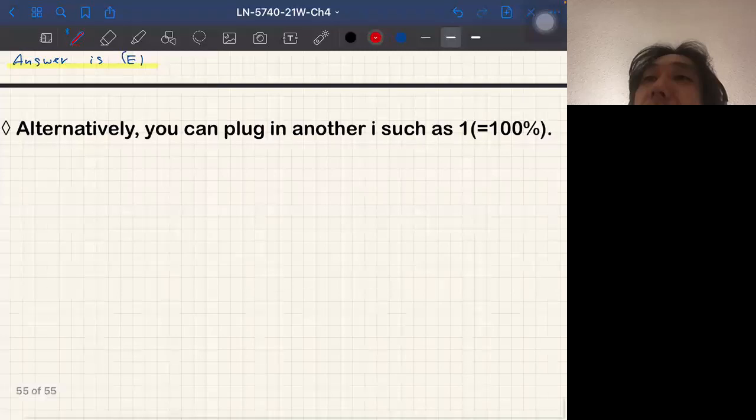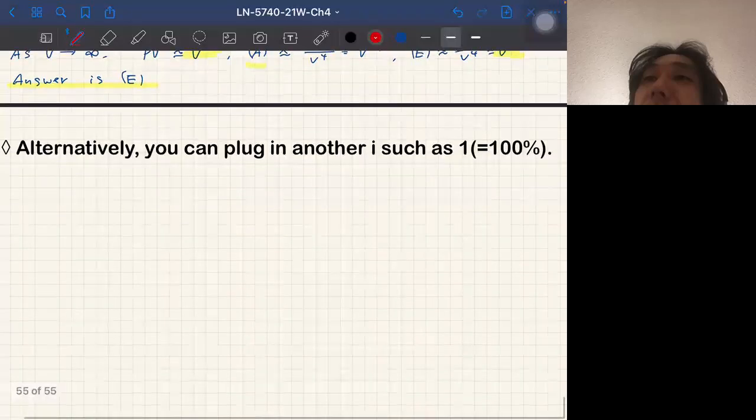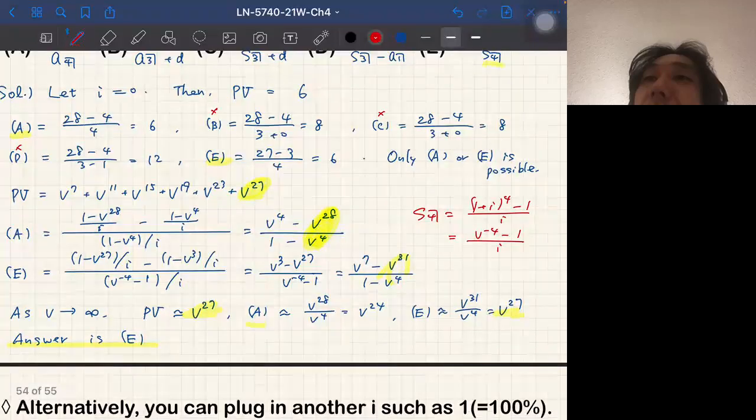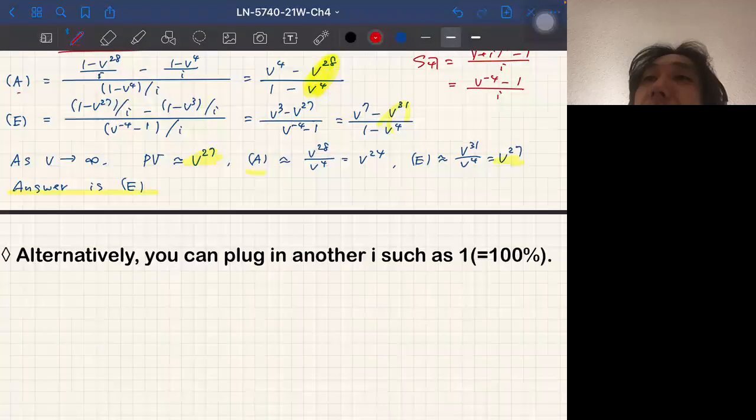Of course, we can derive it completely. So the present value is the summation of v to the 7th power through v to the 27th power. And for A and E, we can do some algebra to derive that E is exactly equal to the present value.